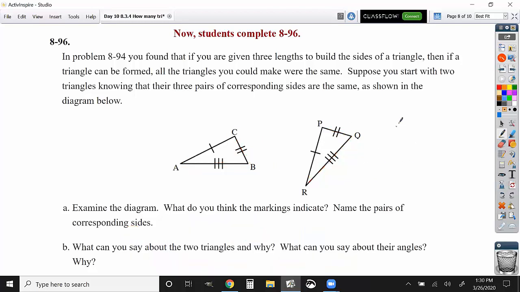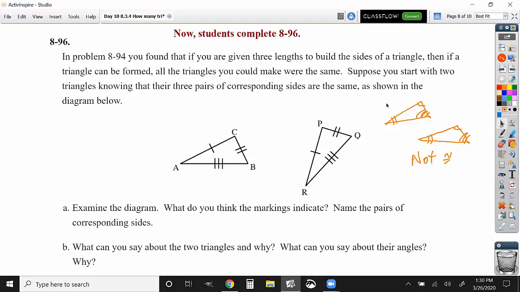If I had given you a different problem, like for example, let's say I'd given you these two triangles right here and I made them look very much alike, and I said this angle is congruent to that one, and this one is congruent to this one, and that one is congruent to this one, are these congruent? The answer is no, not congruent, because angle, angle, angle doesn't work.